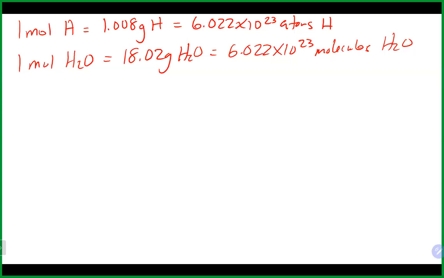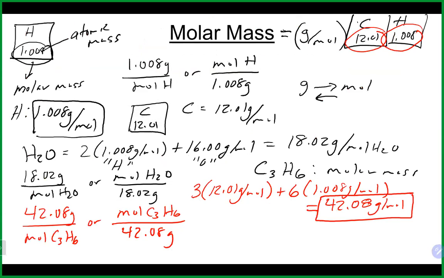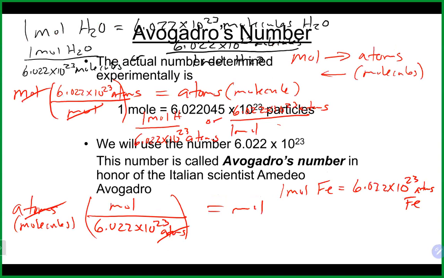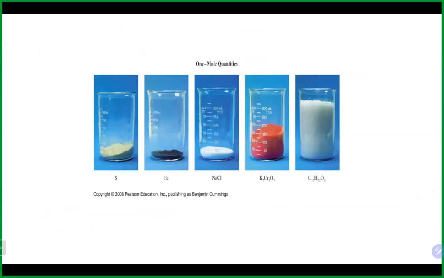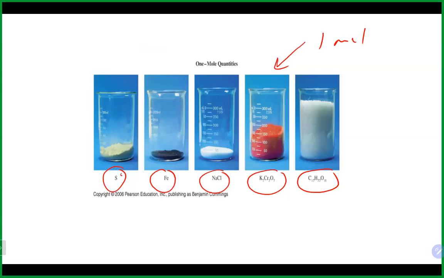And that is why when we saw that picture a little bit earlier that I kind of jammed by, let's just go take a look at that, and I'll come back to this here in a sec. That is why when we look at this picture here, these are all 1 mole of each of these substances. But when we look in the beaker, are they all the same amount?